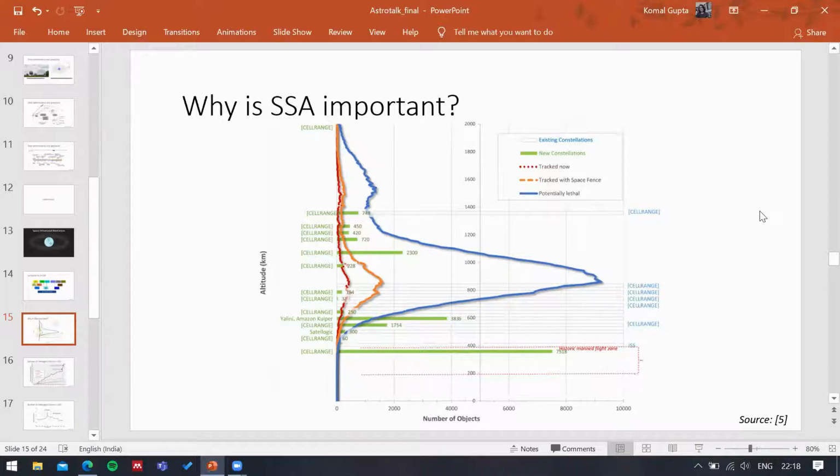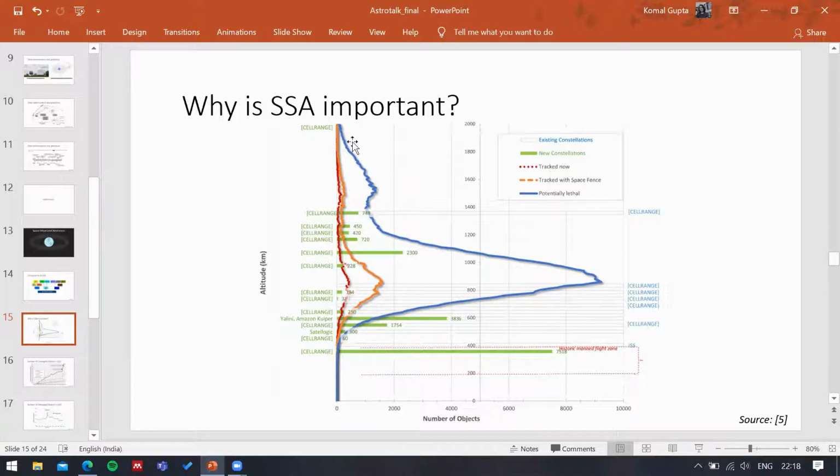So if you just look at this diagram here, it tells you how many objects are there in each orbit, and it doesn't go beyond LEO, so it only ends at 2,000 kilometers.